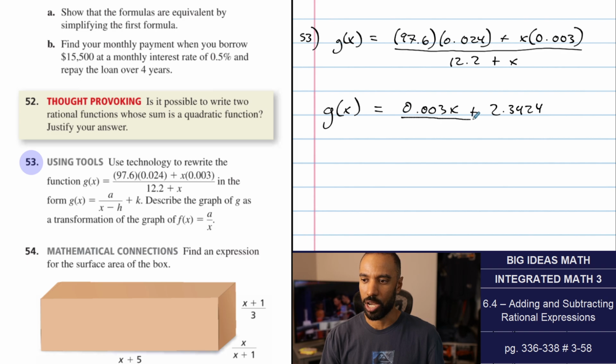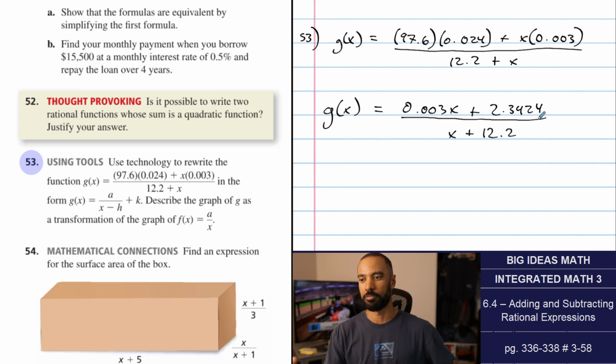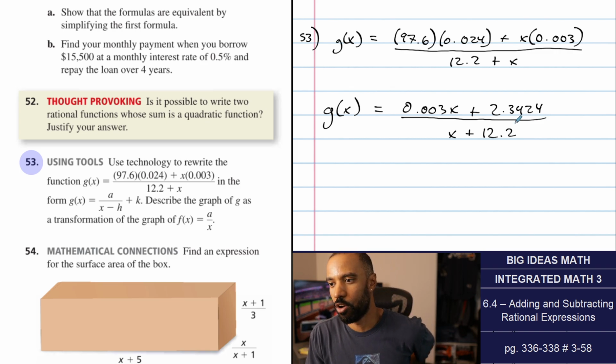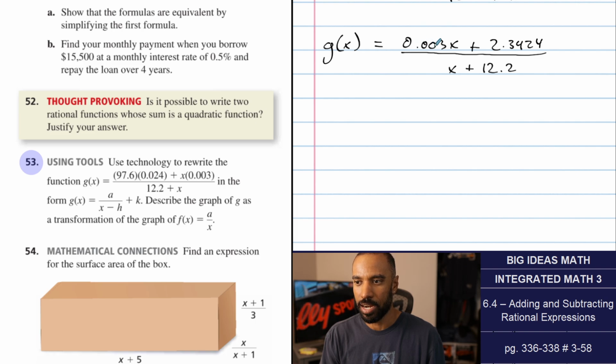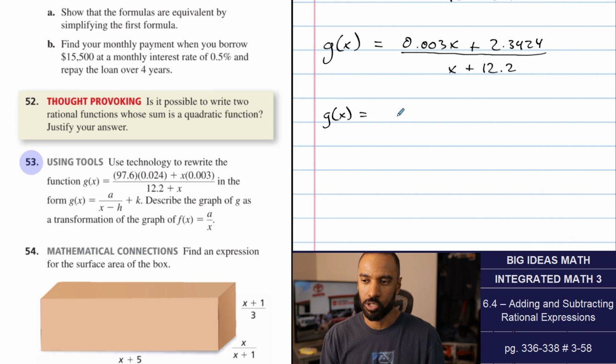Because I'm guessing I have no chance of doing it using the graph itself. I don't know how I'm going to get that a value without doing this myself. x plus 12.2. Okay, if you notice what I did on previous problems, the idea is I got to multiply 0.003 with that bottom.